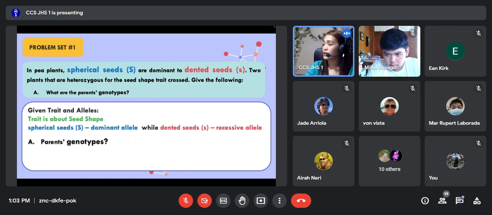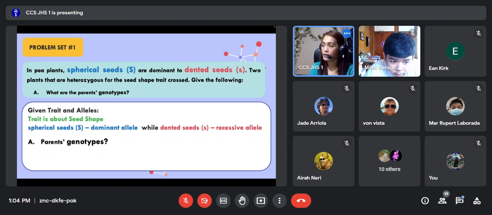So how do we write the code for two heterozygous parents? Is it capital S, capital S, or small s, small s, or capital S, small s? They are both heterozygous. What should be their coding?